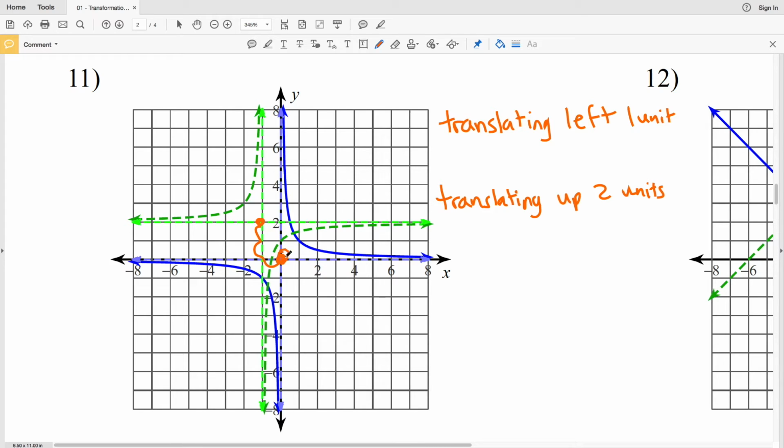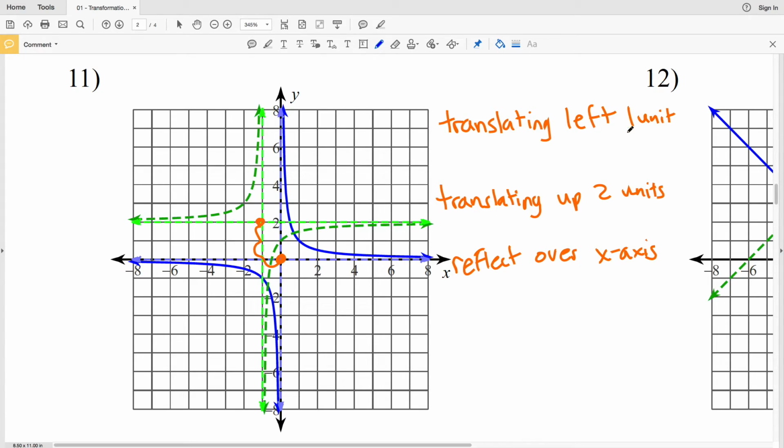And that's to go from f of x blue to g of x green. And once we translate, here is where our function is. So now we're going to need to flip these over the x-axis. So our next step would be to reflect over the x-axis.